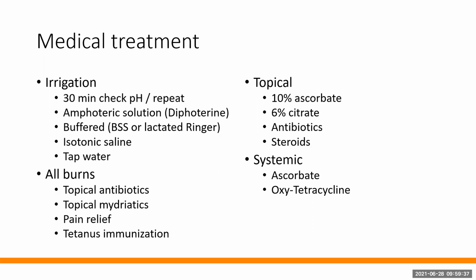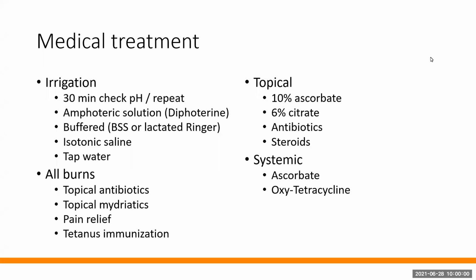They get given mydriatics, which we can deliver very effectively just by topical eye drops, and they penetrate quite well. Those are drugs to make the pupil bigger, and that just makes the patient more comfortable, but also it stops the pupil sticking to the lens. And they get given pain relief, which we've talked about already. They get tetanus immunization, and then they get a variety of other treatments to help healing.